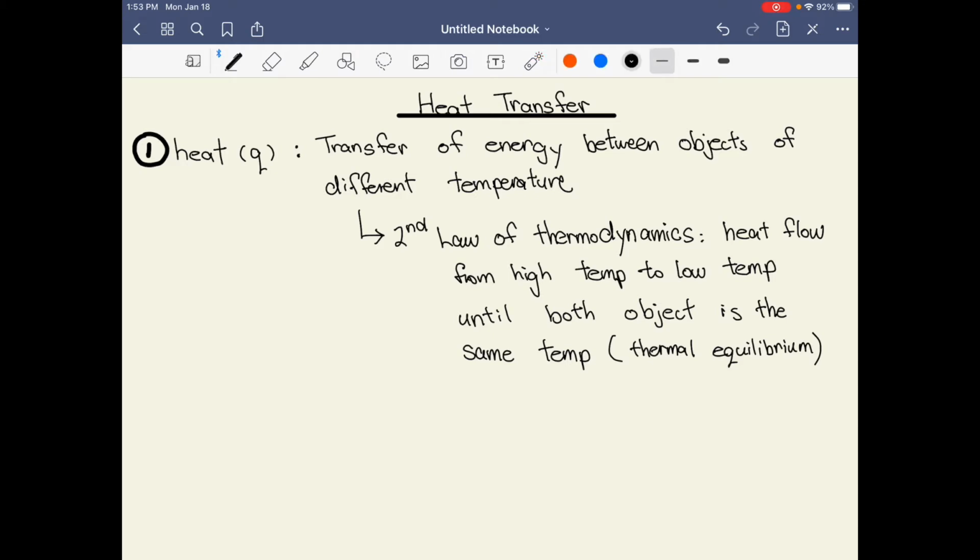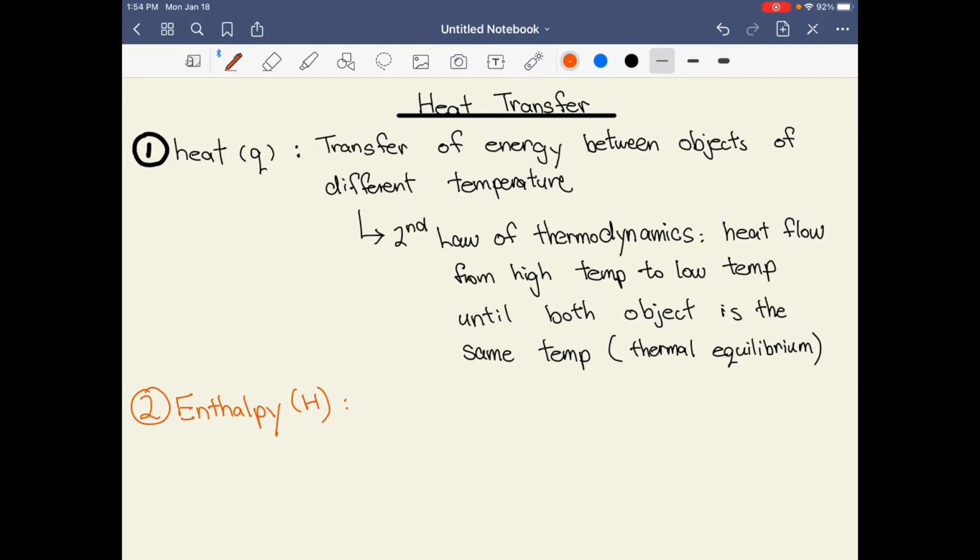Let's take a look at the second definition that I want to introduce you to, since this is really a start of a new unit. And this is a very important word. It's called enthalpy. Enthalpy, mathematically, is variable H. Okay?